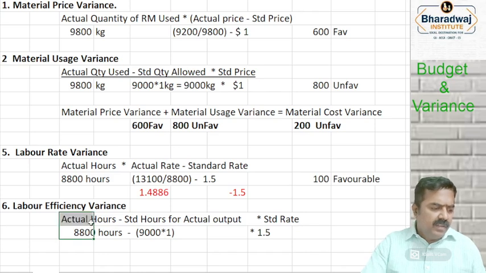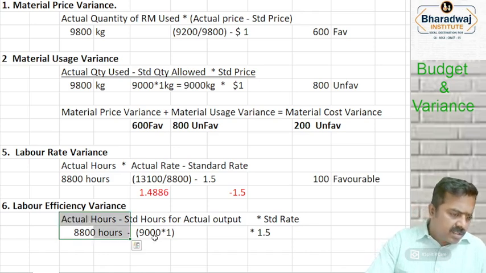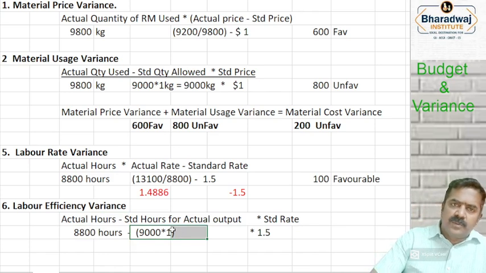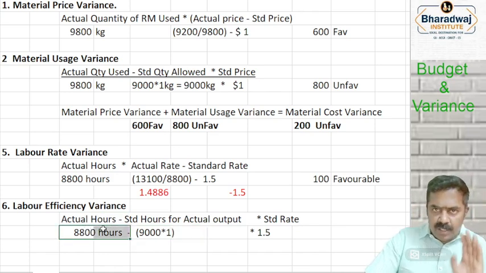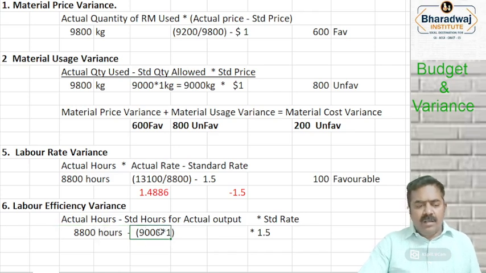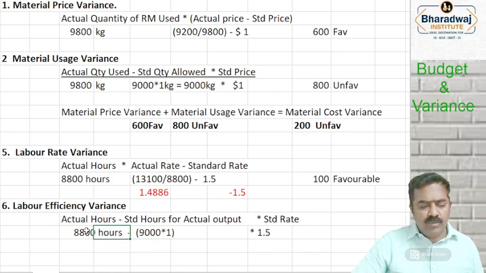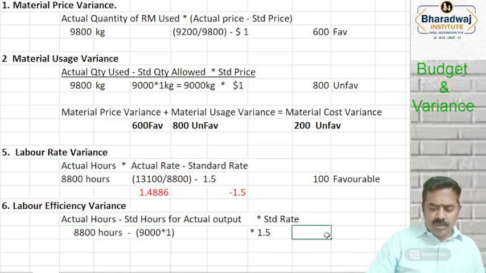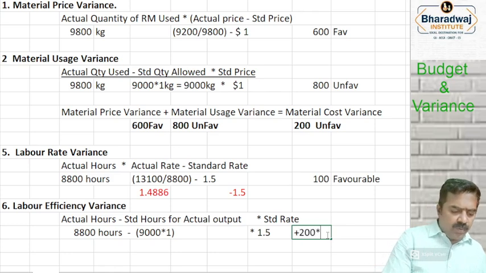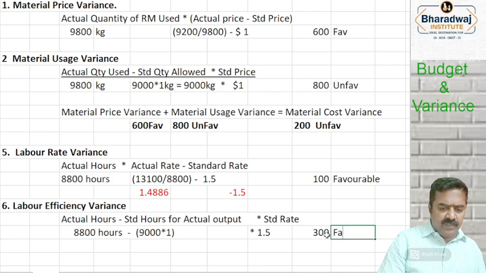We have taken 8,800 hours for producing, but we can take 9,000 hours. So we saved 200 hours, 200 hours into 1.5. It is favorable.